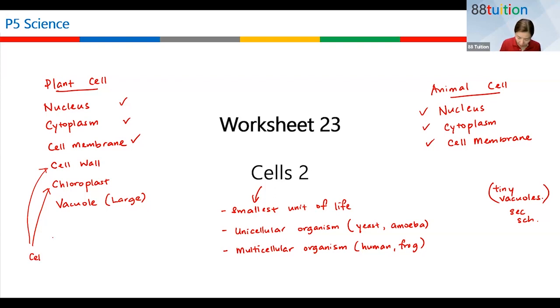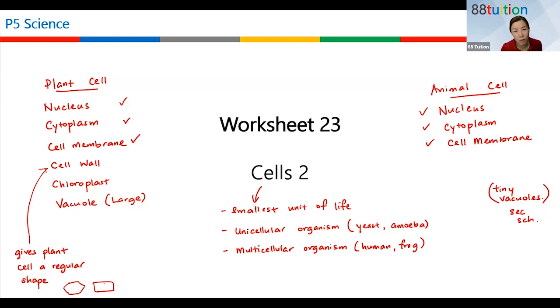So if I'm talking about the cell wall, maybe I should just redraw. Cell wall. So what are the various shapes? You can see things like this. The most usual one is the rectangular shape.